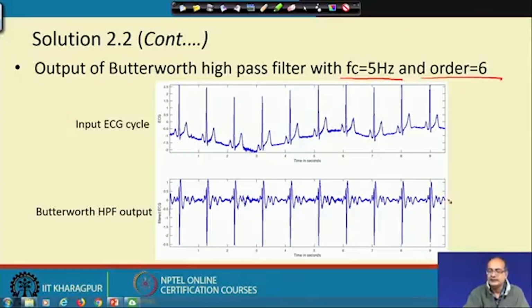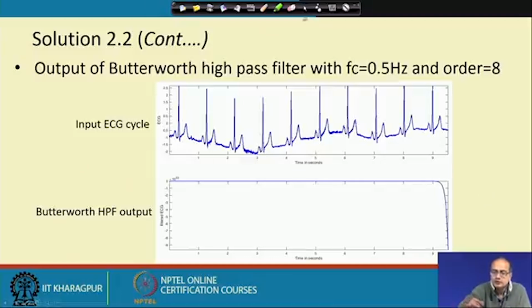Again we find that it is pretty much successful in removing the baseline wander artifact, but it again suffers from distortion of the input signal, that is the ECG waveform in configuration 1, and we see the distortion is even more than the case with the cutoff frequency at 3.5. So, again we have to reject this and look for a better combination.